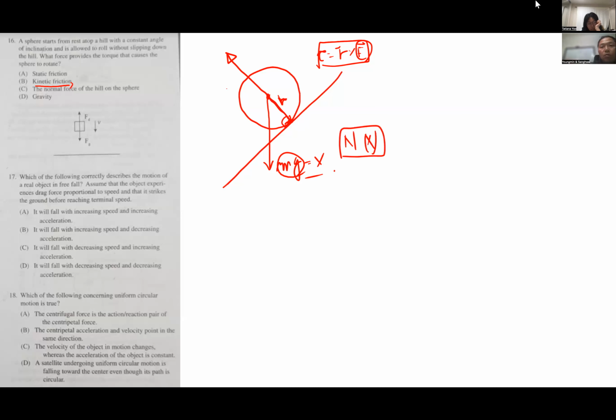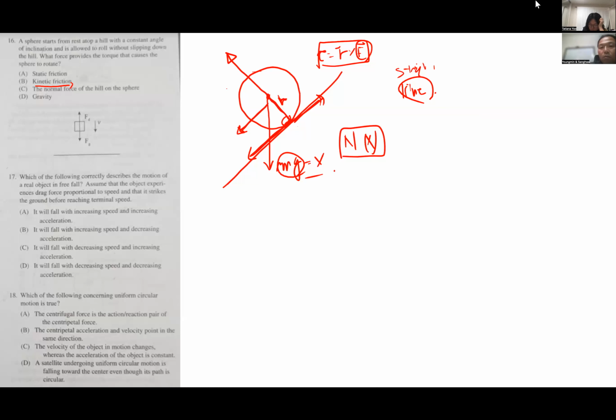And there are only two choices, static friction and kinetic friction. Kinetic friction occurs when an object moves over the surface. So that is not applicable to rolling objects, because in that case the sphere would move with only a translational component.